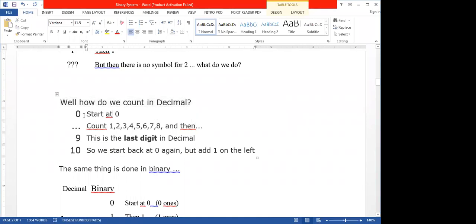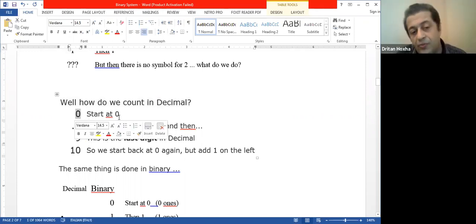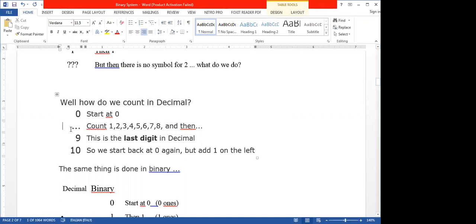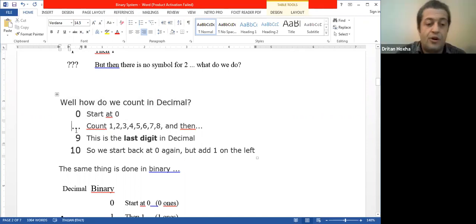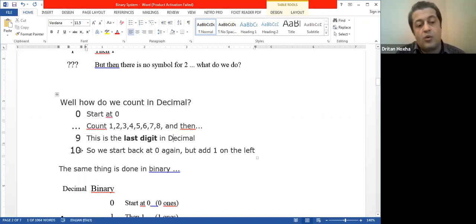In the decimal system, we start at 0. We have the numbers 1, 2, 3, etc. up to 9. And then when we want to write the number 10, we start back at 0 again in the units, but we write 1 in the tens.